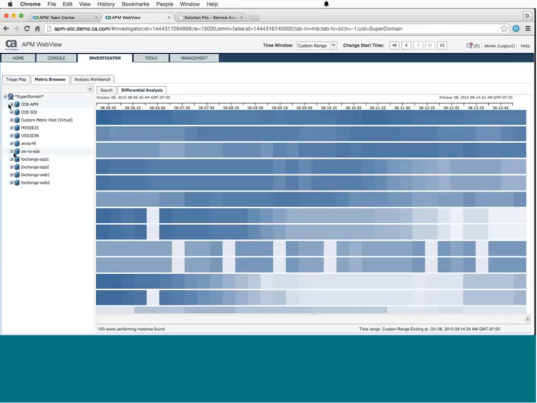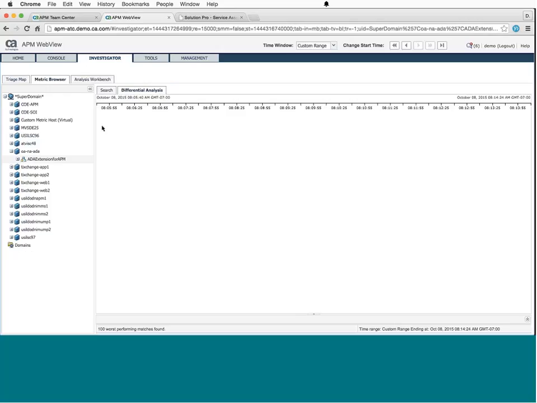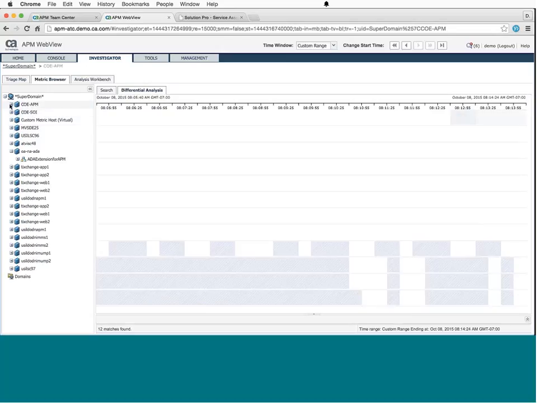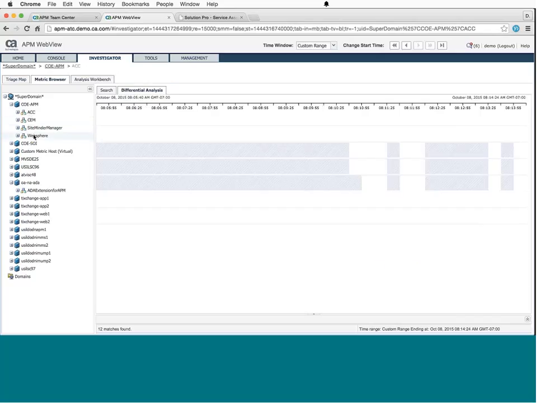If I look at one of the agents that has differential analysis defined, let's see which one. I'm not as familiar with this particular one. I think this one does, so that's good enough. Not under ACC, it'll be under WebSphere. Okay, good.